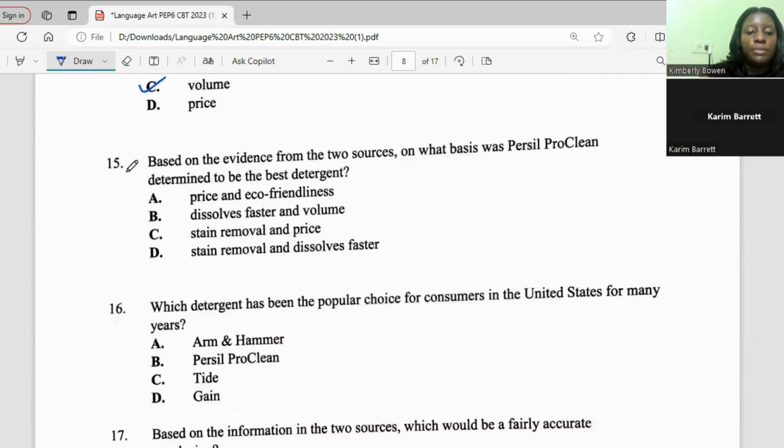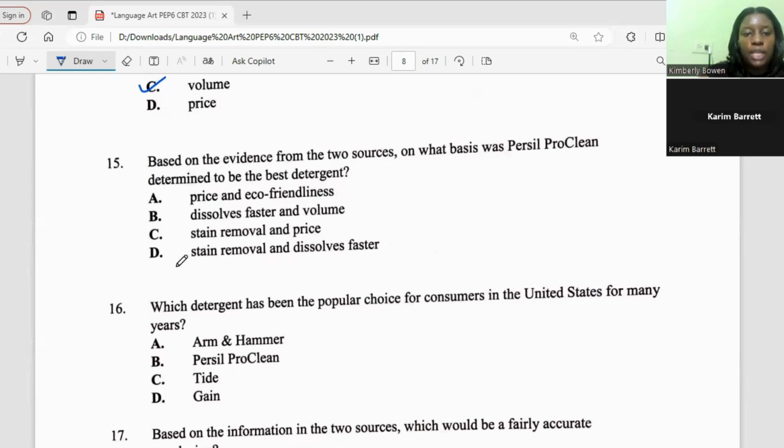Number 15. All right, number 15. Based on the evidence from the 2 sources, on what basis was Persil Pro Clean determined to be the best detergent?